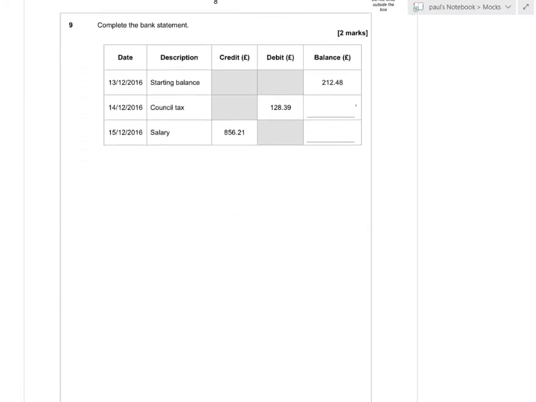Complete the bank statement. Okay. So we go: starting balance, credit, debit, balance. Council tax, credit, debit, balance. Salary, credit, debit, balance. So first of all, we've got 212.48 in the bank, and then we're going to take away 128.39.